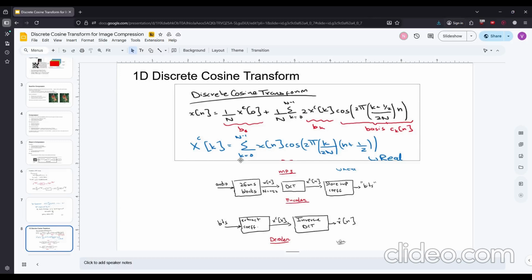For example, if there are two tones of similar frequencies, the larger amplitude tone will mask the lower amplitude tone. So there is no need to store information about the second tone. The decoding process involves extracting the saved coefficients and applying the inverse DCT to obtain an approximate representation of the original audio signal.